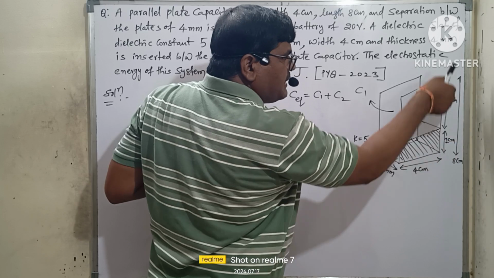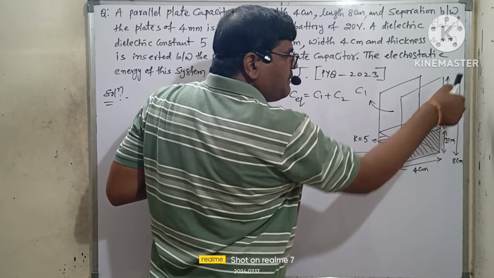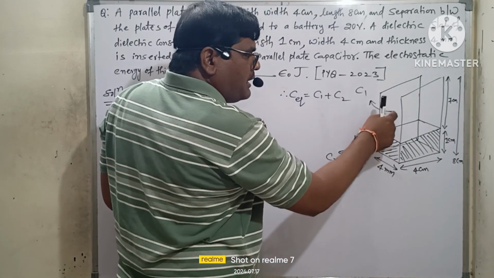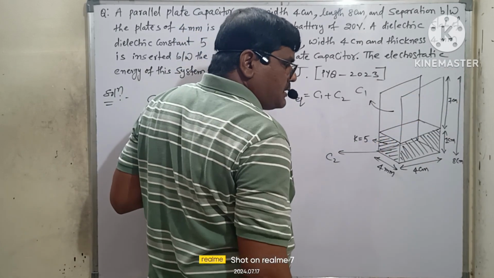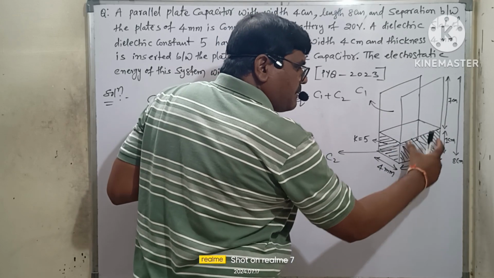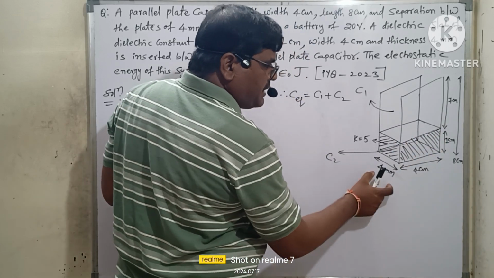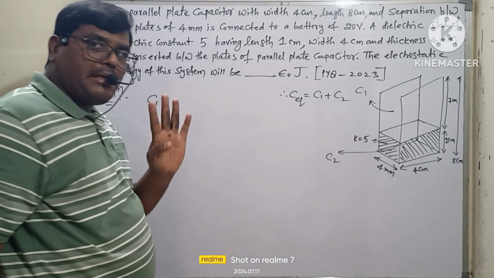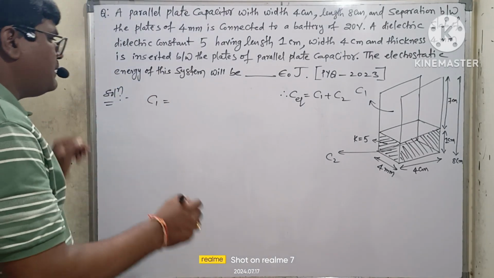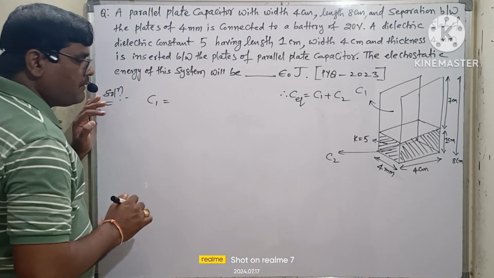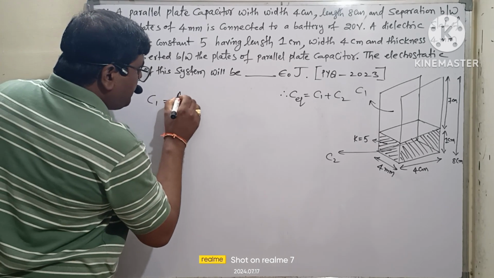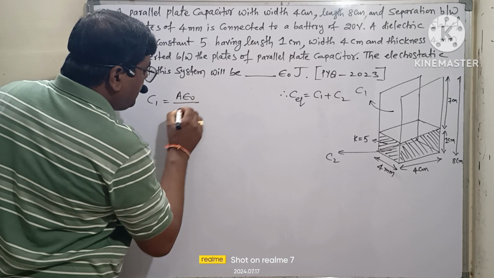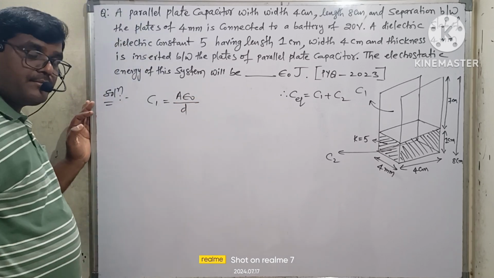So the remaining length without any dielectric is 7 centimeters. The width of the plate is 4 centimeters, and the separation between them is 4 millimeter. Without dielectric, what is the formula for the capacity of a parallel plate capacitor? We know the formula: epsilon naught A by d.